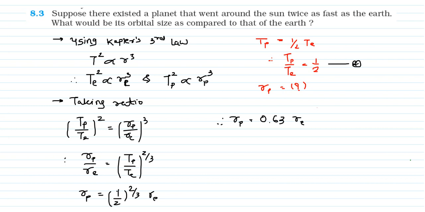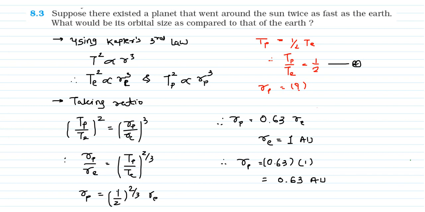If you consider the radius of the earth, Re is equal to 1 AU. Therefore, Rp is equal to 0.63 into 1, that is 0.63 AU, right friends? So here we used Kepler's third law.